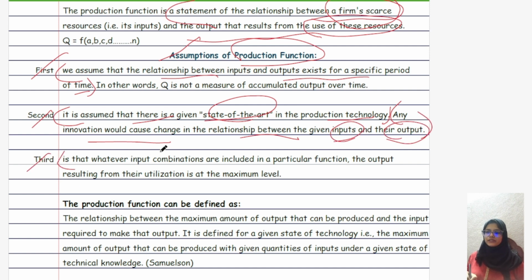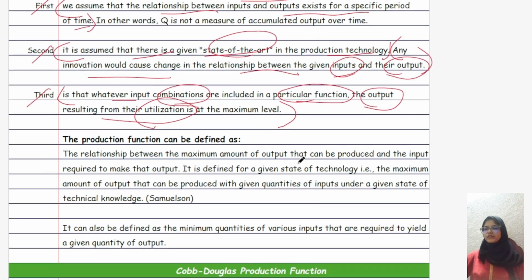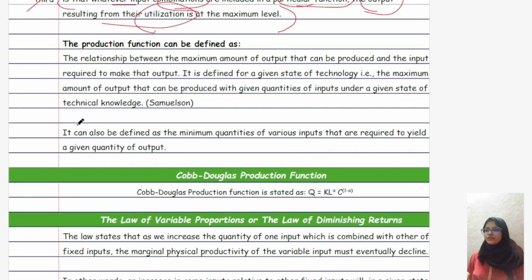And the third assumption, whatever input combinations are included in a particular function, the output resulting from their utilization is at maximum level. You're utilizing your inputs to the maximum level. So these are three assumptions of production function. It is nothing but minimum quantities of various inputs required to yield a given quantity of output.